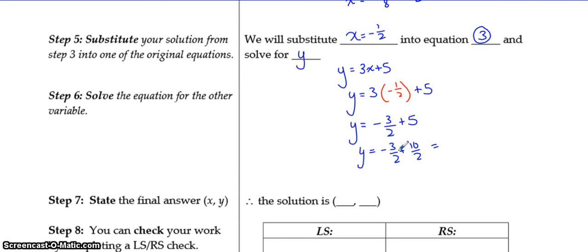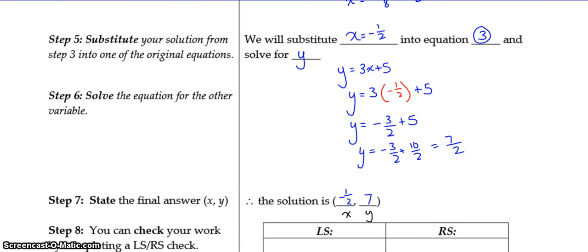So negative 3 over 2 plus 10 over 2 is 7 over 2. So your x value is negative 1/2 and your y value is 7 over 2. That's your x, that's your y.